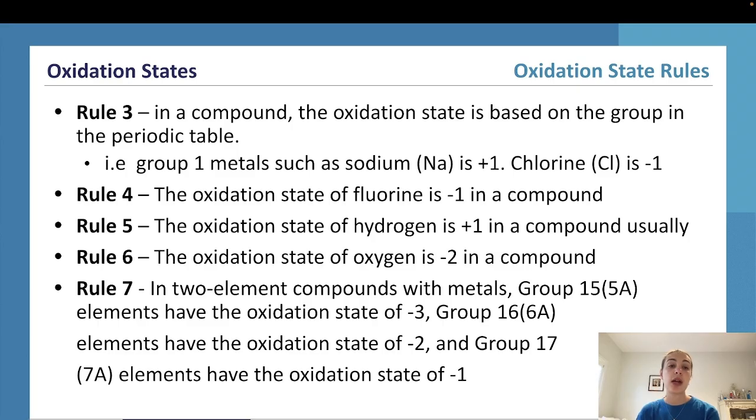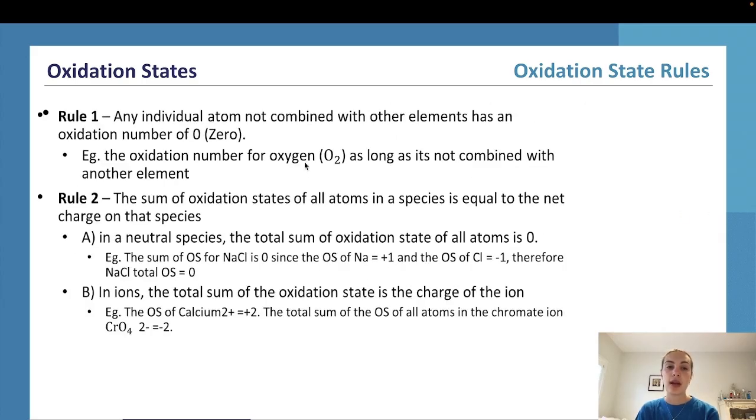So for example, that's how you know when you have NaCl, chlorine is going to be -1 and sodium is going to be +1, because it's just following that general rule 3, as well as combining that with rule 2, which we have here.